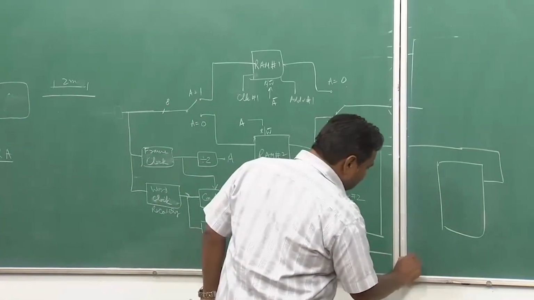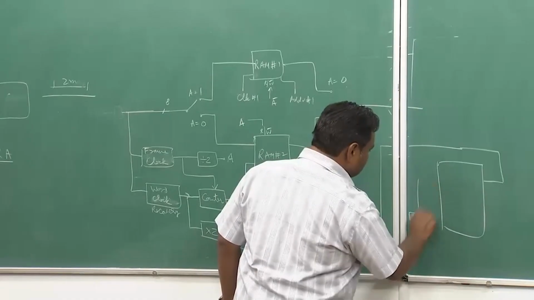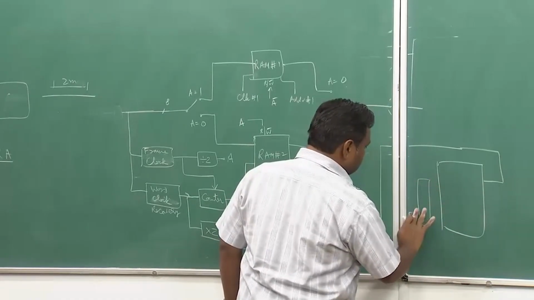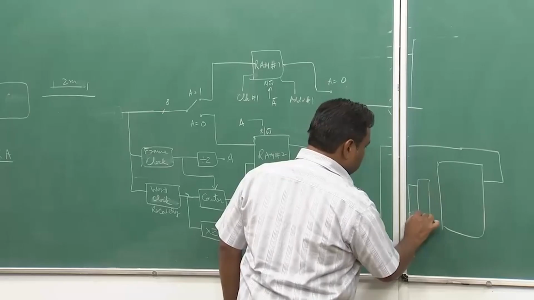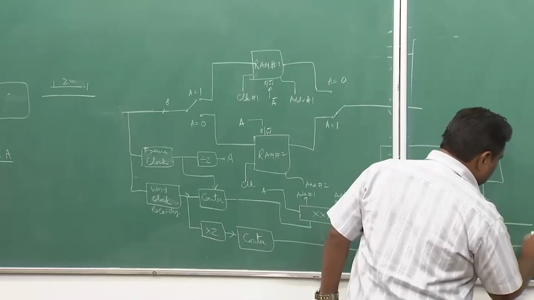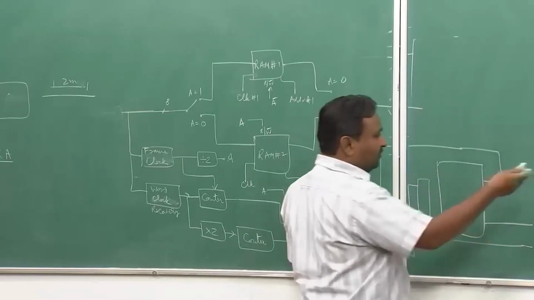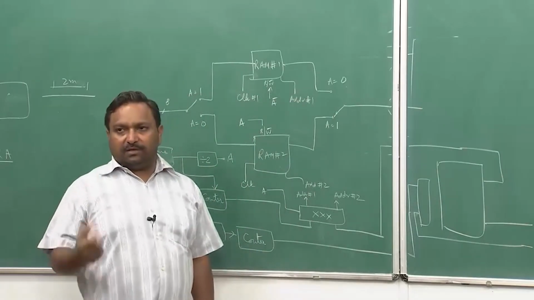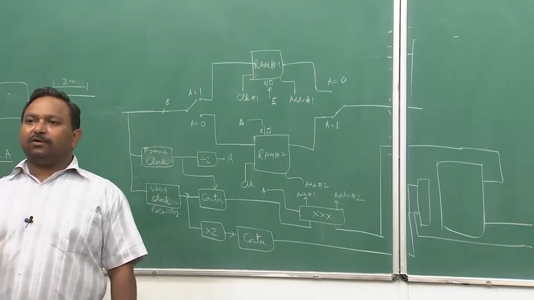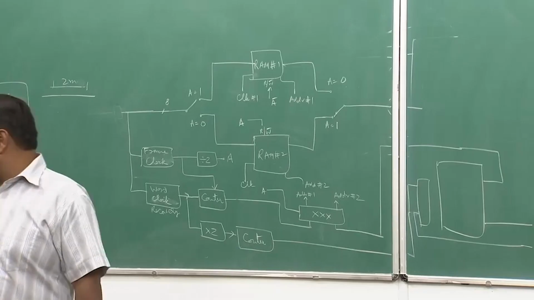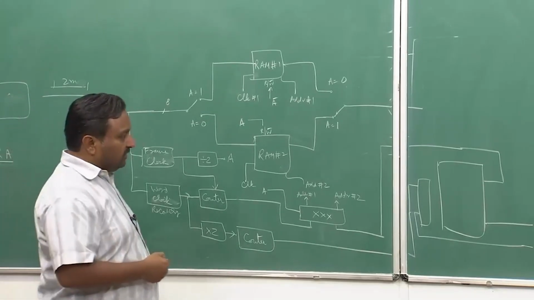And this counter is what I am going to use. And this is the input which will be coming from the CPU which is acting as a control for this particular system, okay.